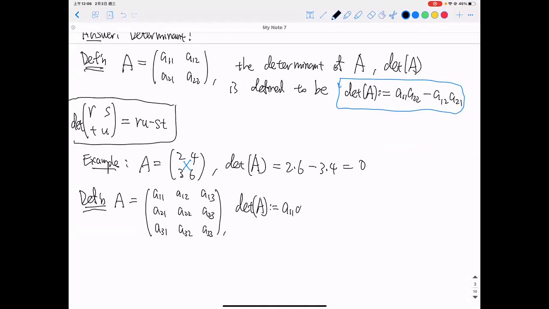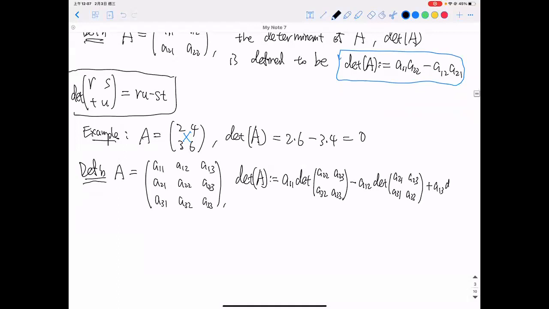You take A11 times the determinant of the matrix A22, A23, A32, A33, then you subtract A12 times the determinant of A21, A23, A31, A33, then you add A13 times the determinant of A21, A22, A31, A32. Okay?